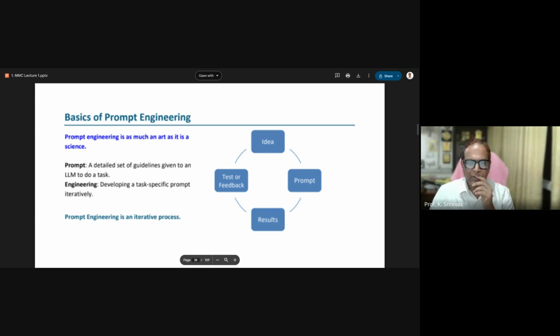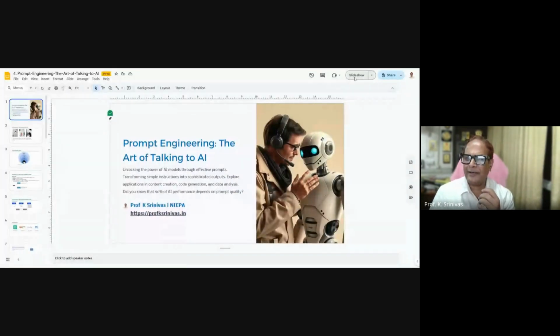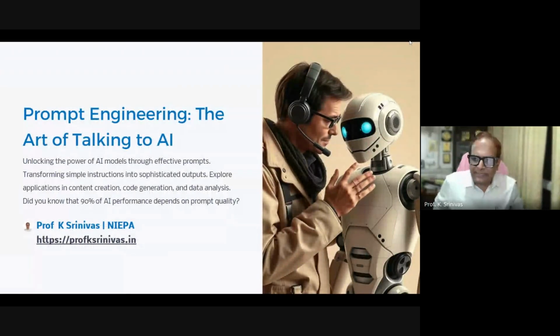Okay, so why have we been talking so much about prompt engineering? Because there are so many things required to be understood. So there is a small presentation. I'll just connect it into that one so that you will understand this better.